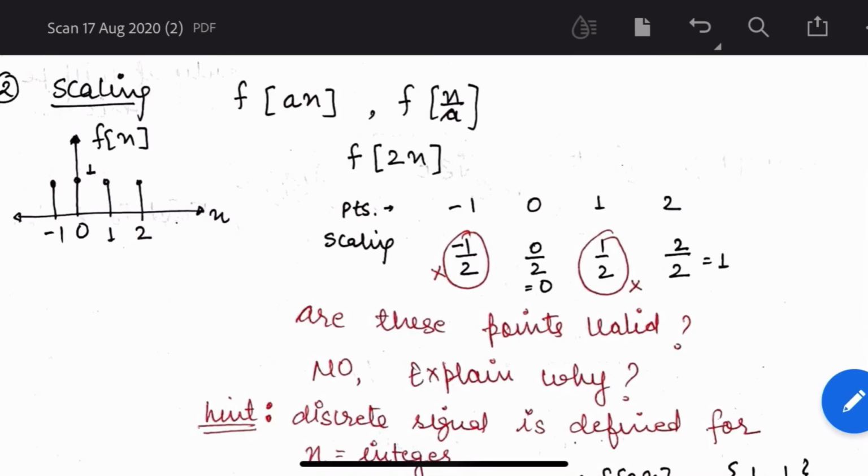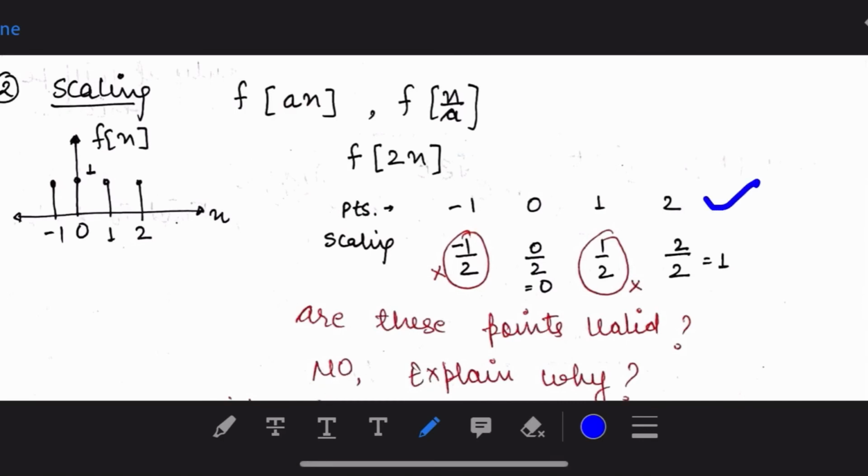First let's do it for the same signal fn, and here we are performing f2n, multiplication by 2. Again we will write the points as -1, 0, 1 and 2. Now in scaling, as I told you, if there is multiplication then we have to do division. So by division we get -1/2, 0/2 and so on. You can see the points I have highlighted and circled, these 2 points are valid points. You have to think.